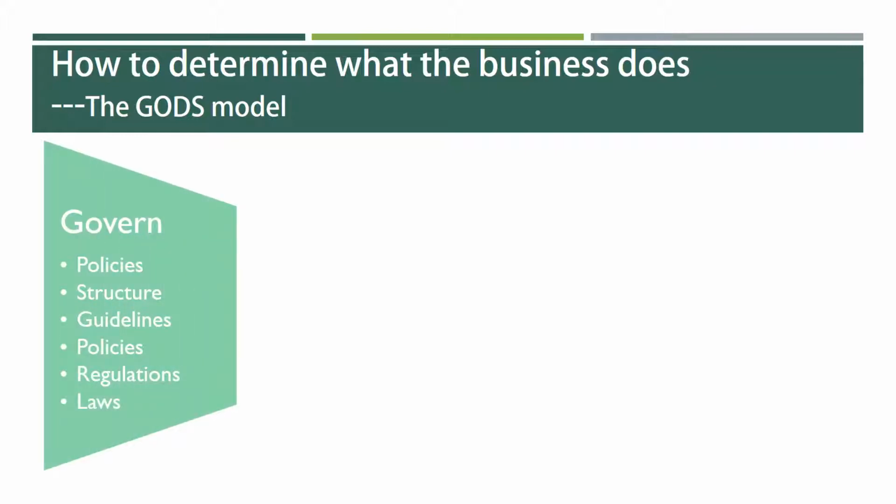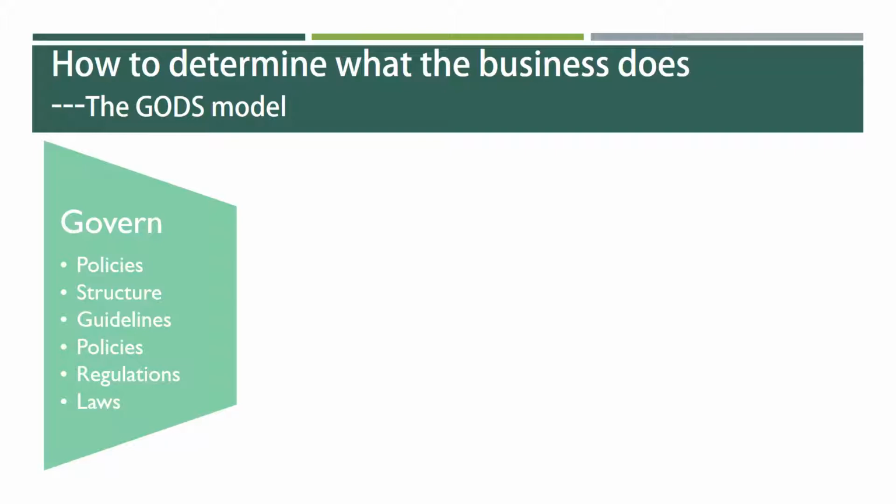The GODS model gives a picture of everything that the organization does. These 4 major functions cover all aspects of the business, organization, healthcare provider, nonprofit, retailer, etc. You can use this model for any business. First, you look at governance.